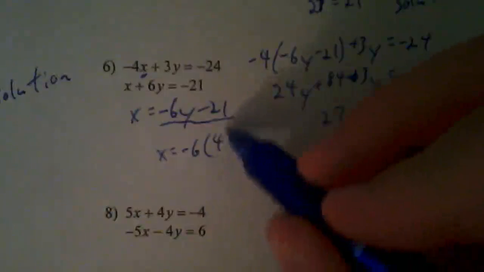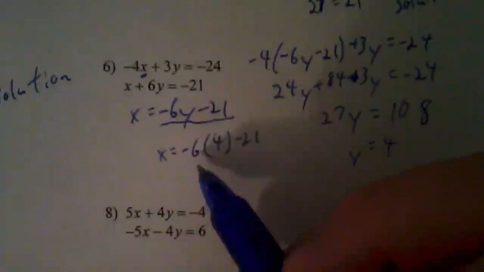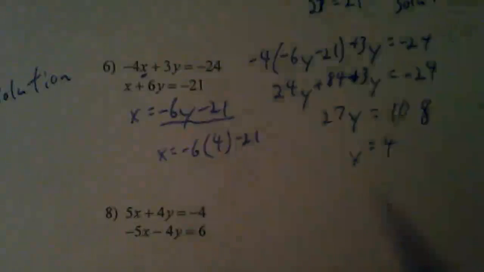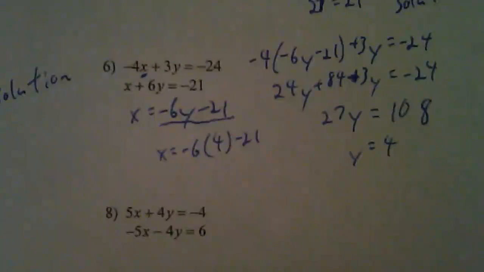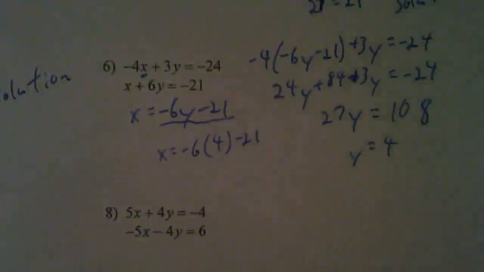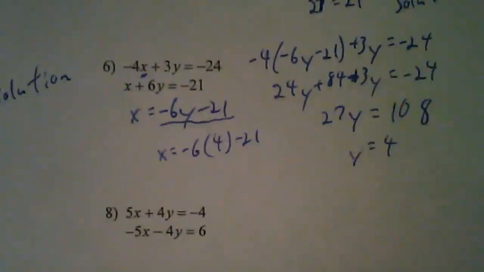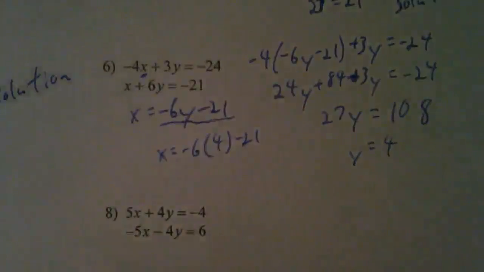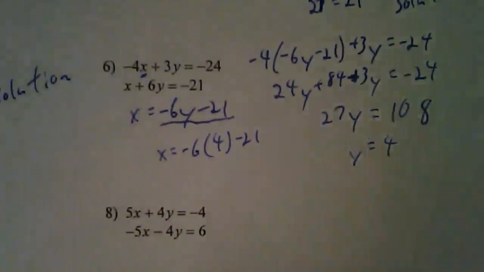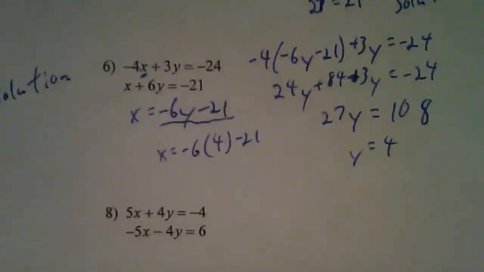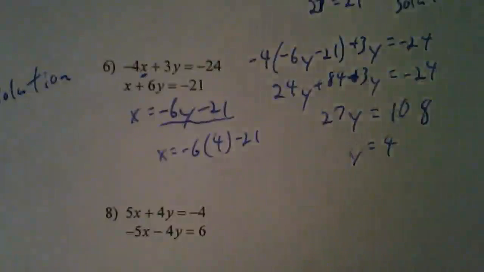So plug in 4. That's negative 6 times 4. It's going to be negative 24. Seems really high. Did I do something wrong? Negative 6 times 4 is 24.